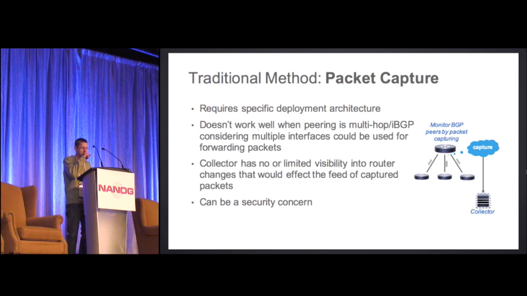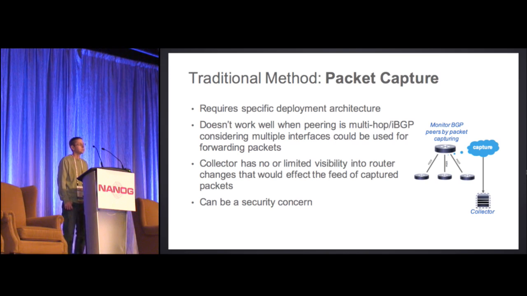So another method to collect the BGP data is to use packet capture. If you packet capture, you will get the pre-RIB information. You'll get all the information for the BGP peers, and you'll get the BGP updates as they are. But it doesn't really work over encrypted transports, and it doesn't work unless you have a specific architecture to support the packet capturing.